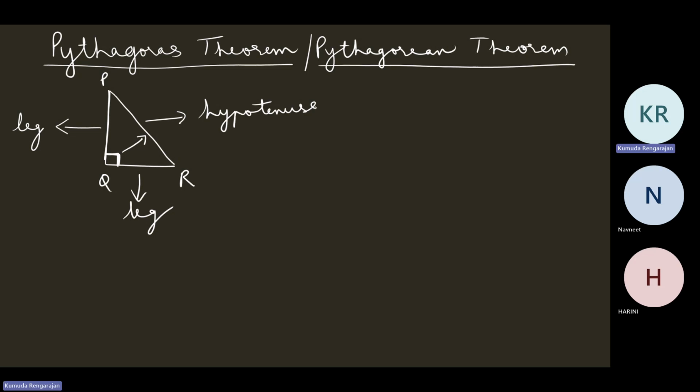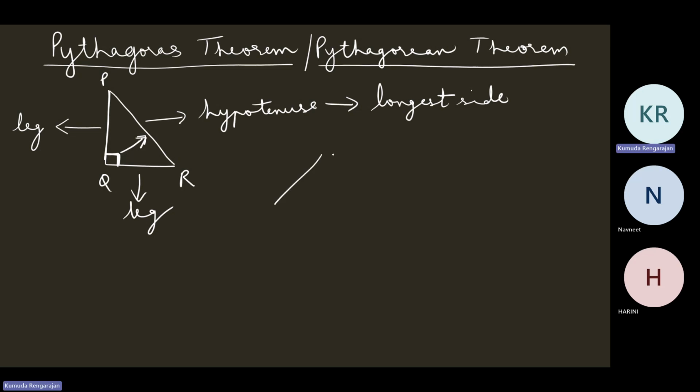The side opposite to the right angle is called the hypotenuse, and the two sides containing the right angle, that is the sides which are the arms of the right angle, are called the legs of the right triangle. And in a right triangle, the hypotenuse is the longest side.